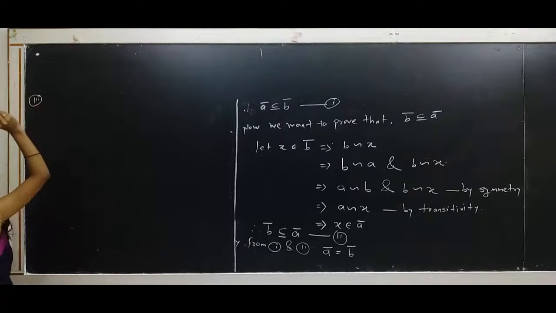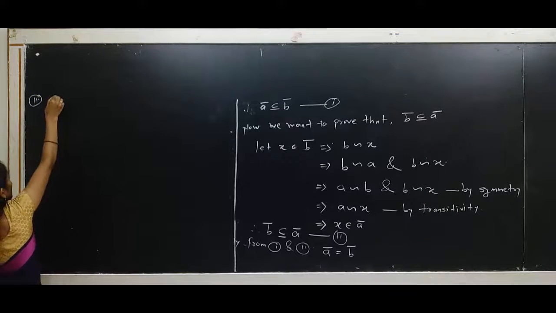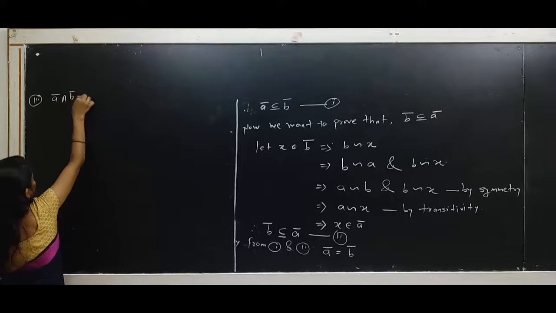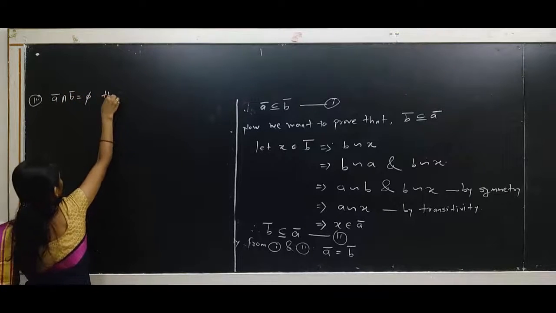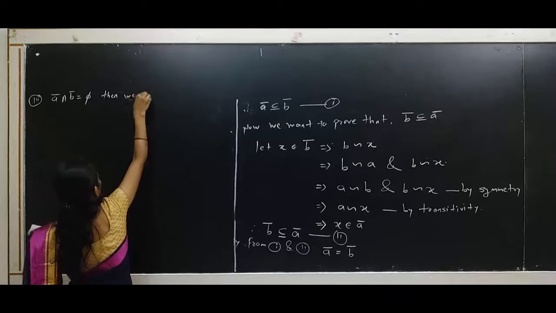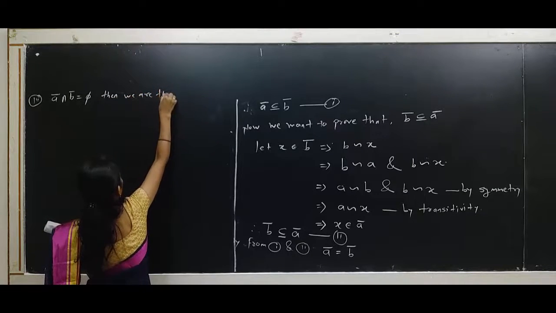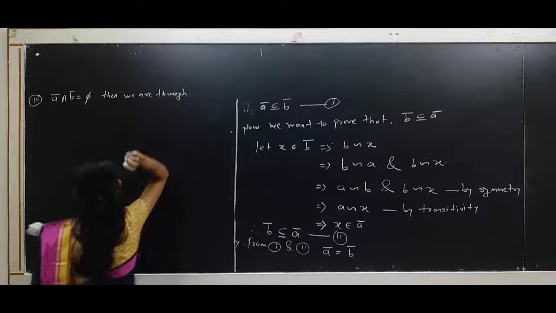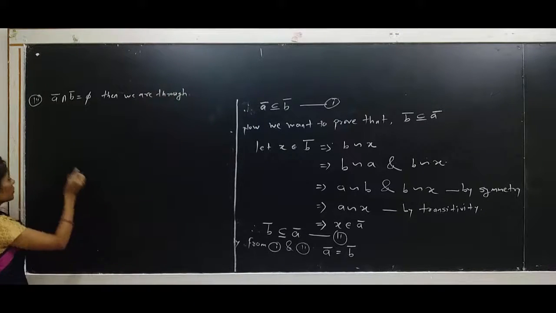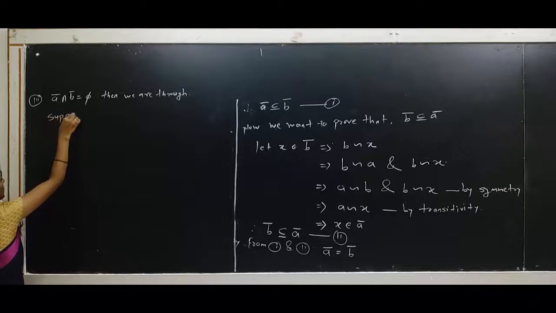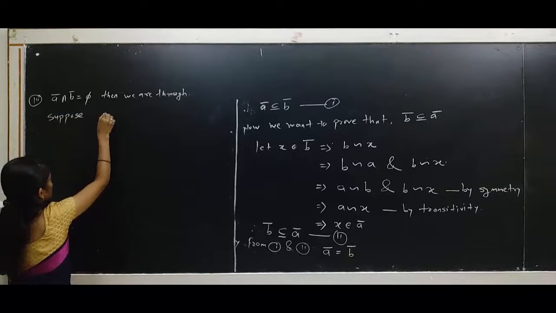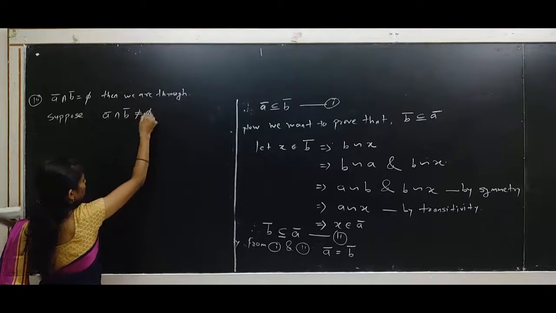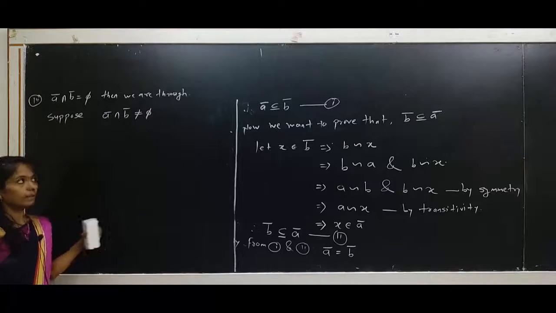So third point, here A bar intersection B bar is equal to empty, then we are through. Okay, here there is nothing to prove. Now suppose that A bar intersection B bar is not empty, right?